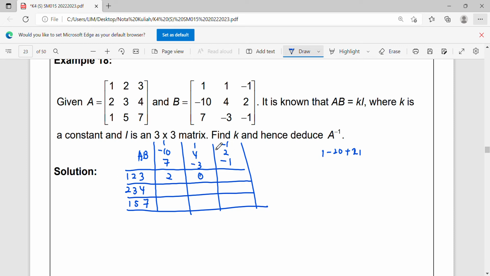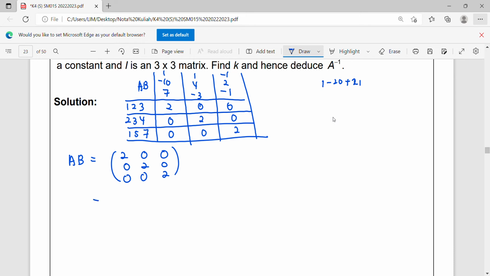Then negative 1 plus 4 minus 3, 0. Then 2 minus 30 plus 28, 0. So when we finish, you will notice that our multiplication A times B gives 2, 0, 0, 0, 2, 0, 0, 0, 2. Don't leave the result in a table; we have to write it in matrix form.